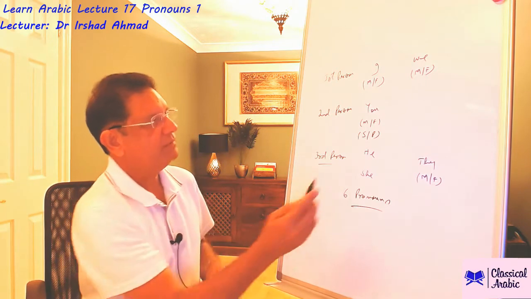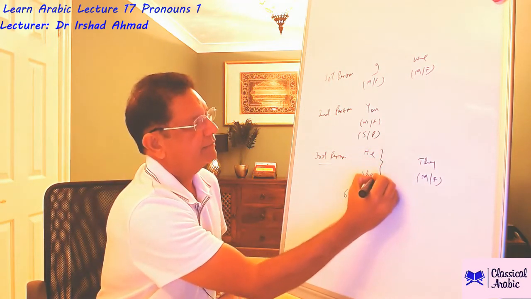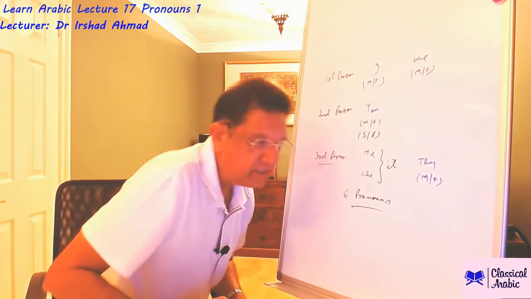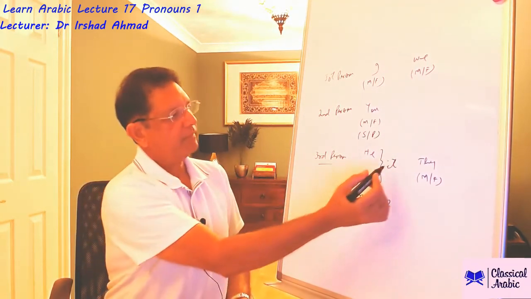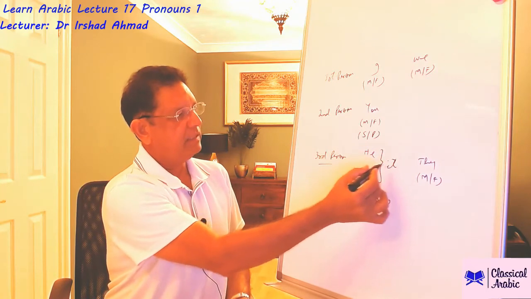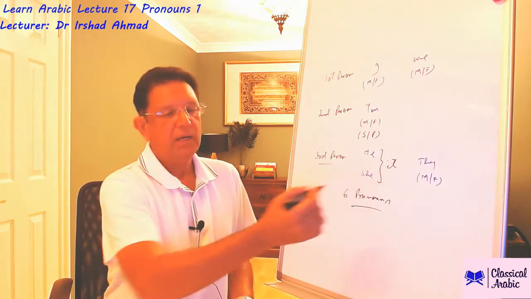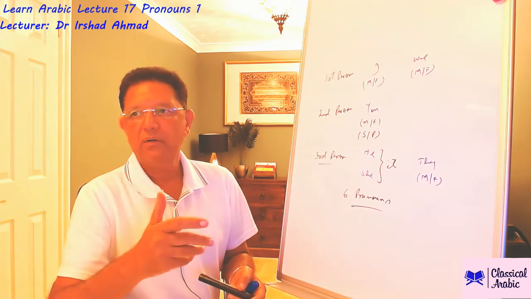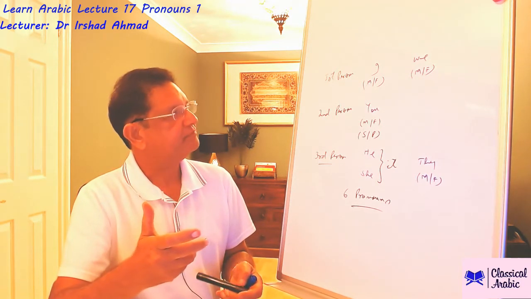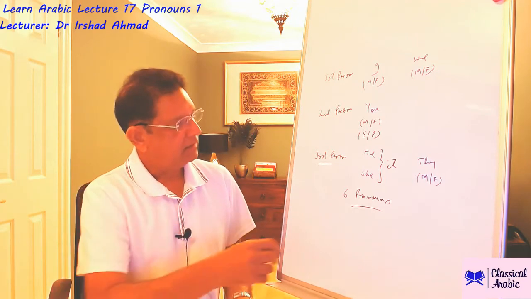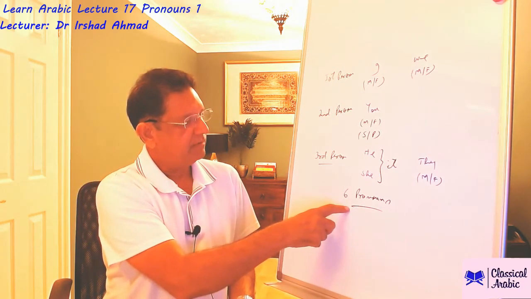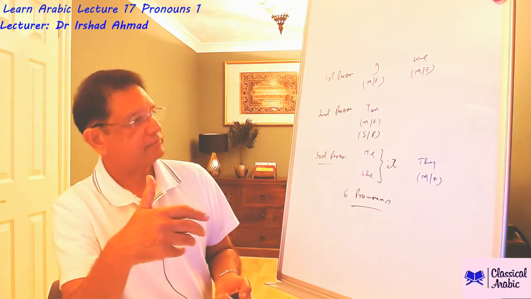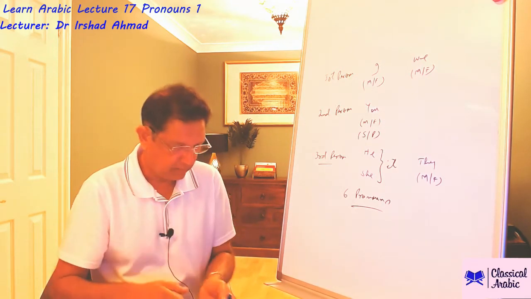He or she could be replaced with it, and it becomes kind of gender neutral. So he will be it, she will be it. But in Arabic there is no neutral gender. Every noun has grammatical gender. So in Arabic, these pronouns, which are only 6 in English, in Arabic we have 14. Let us look at them.